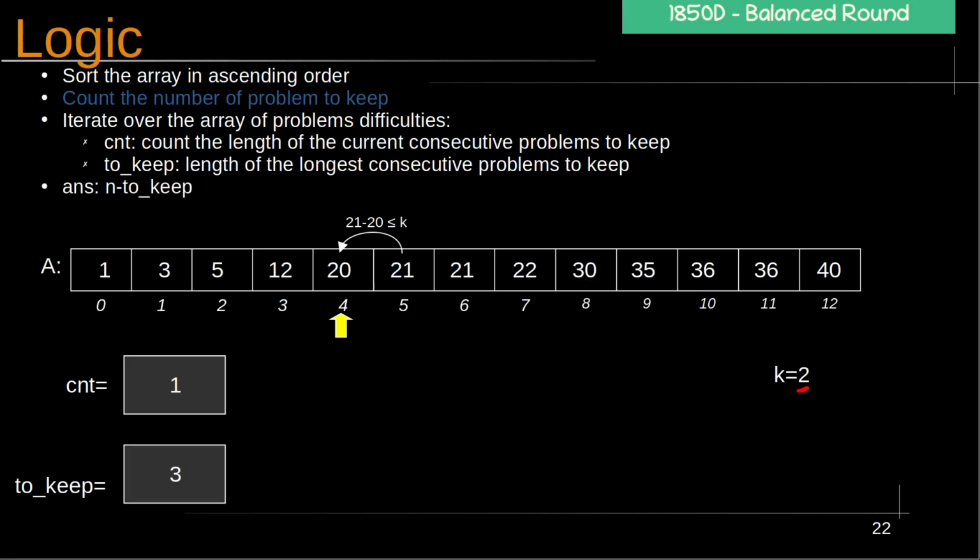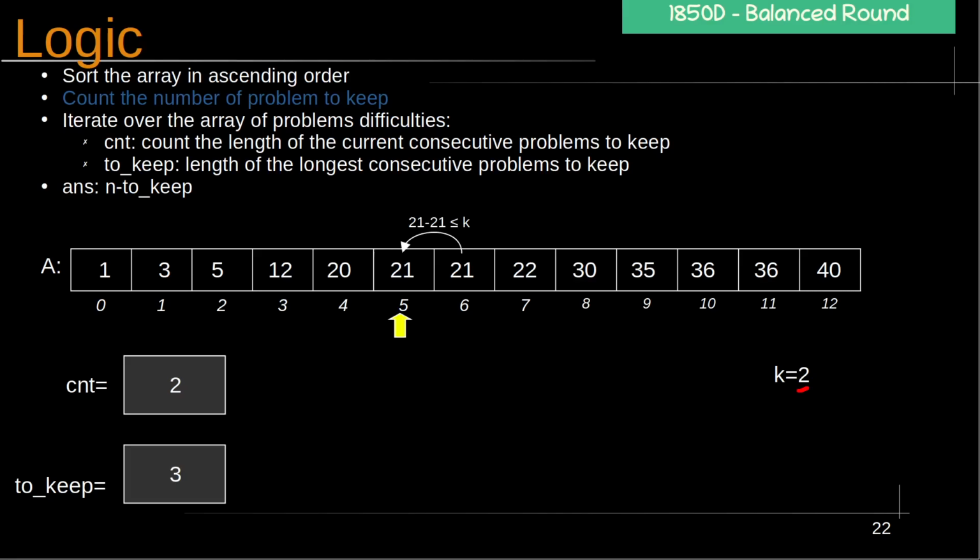We go to the next problem and check if it's balanced with the next one. Here it is balanced. 21 minus 20 is less than k. K is equal to 2. So for now the current consecutive balanced set is 2, 20 and 21. But our answer for now is 3, because this is the maximum we have found in the first part of the set, 1, 3, and 5.